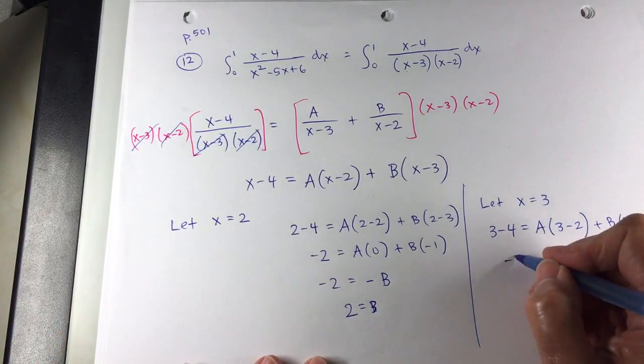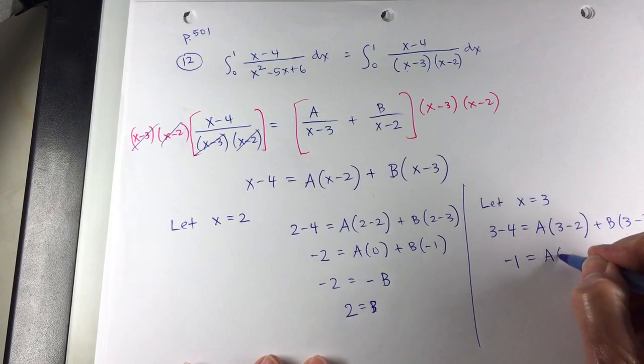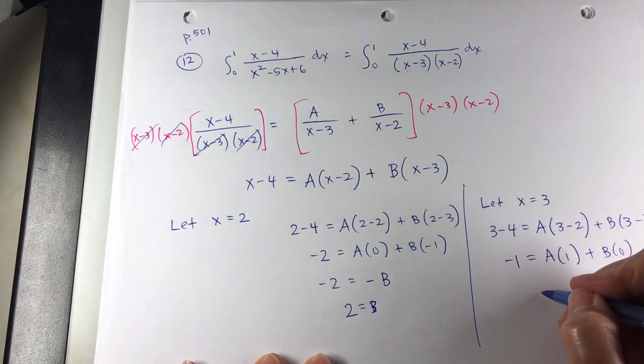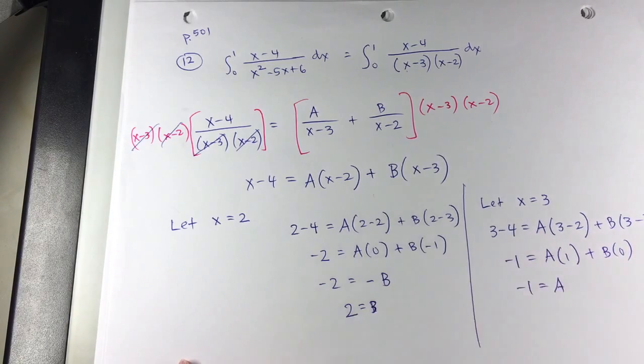So I'm going to get negative 1 is a times 1 plus b times 0. You don't have to write all that. Negative 1 equals a.